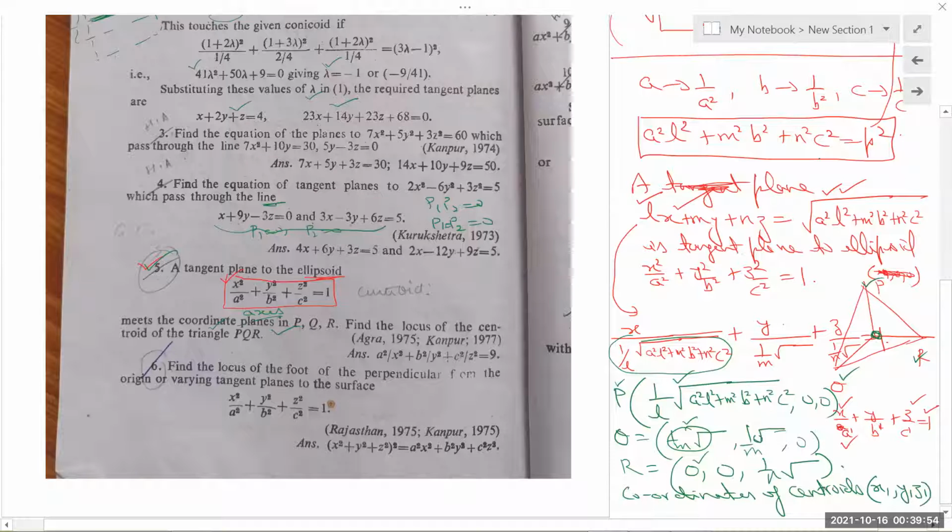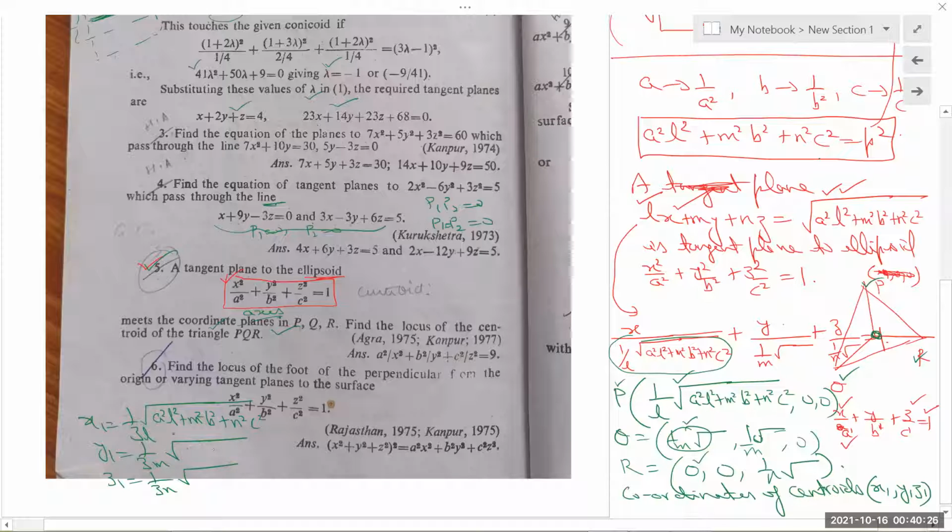So clearly x1 will be equal to 1 by 3l of under root a square l square plus m square b square plus n square c square, and so on. Similarly, one can write y1 and z1. I'm not going to write all those terms. Similarly, y1 is 1 by 3m into this whole term, and z1 is 1 by 3n into this root.